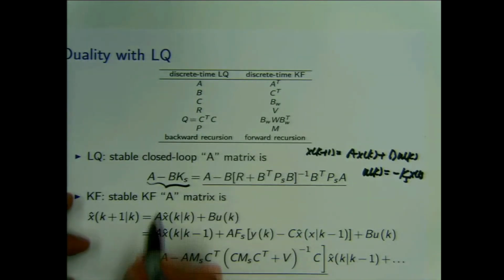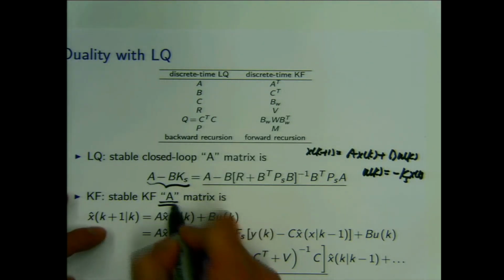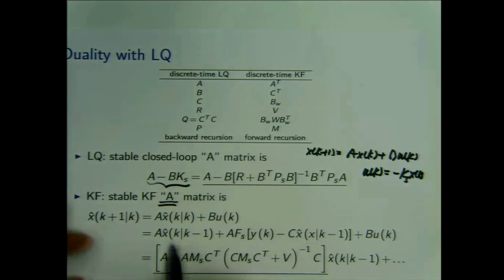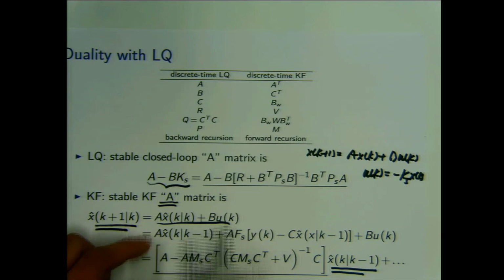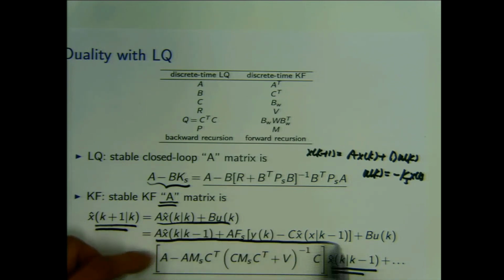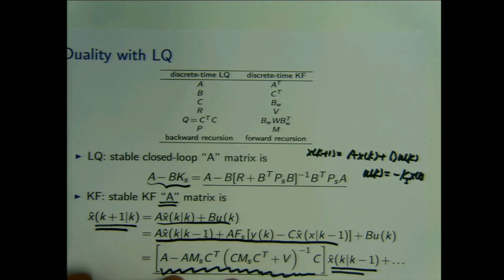And in the Kalman filter, the equivalent A matrix comes from how the previous state estimate connects to the current state estimate. If you do the algebra and substitute the Kalman filter equations, this is the closed loop A matrix for the Kalman filter. The conclusion is that the eigenvalues of this matrix are always inside the unit circle, all right?